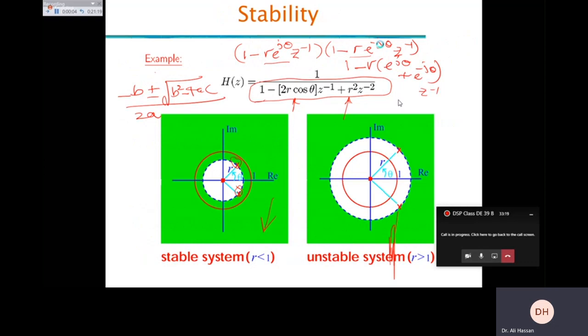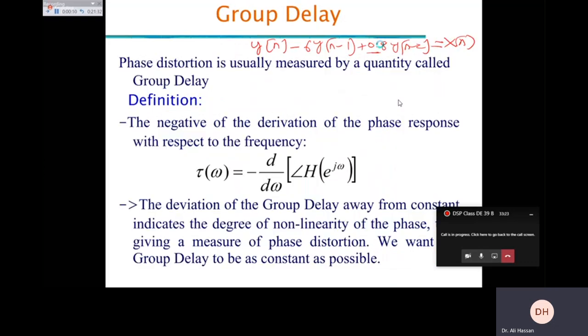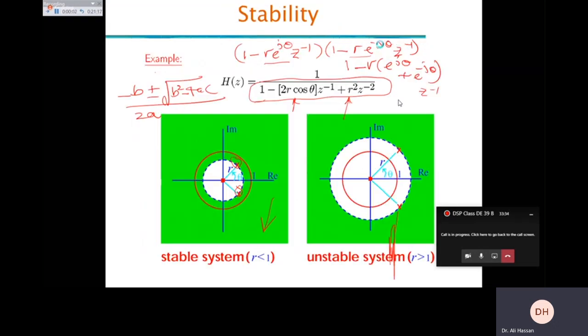If r square is less than 1, then r will also be less than 1. So our second order difference equation represents a system which has two poles and they are in a complex conjugate pair.